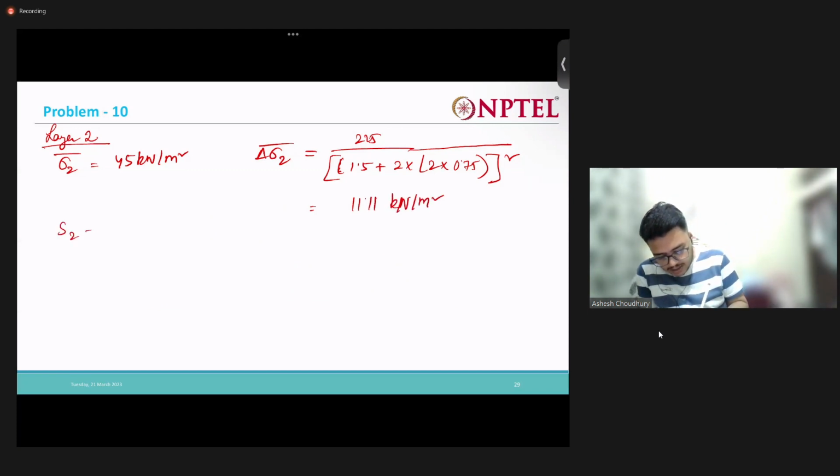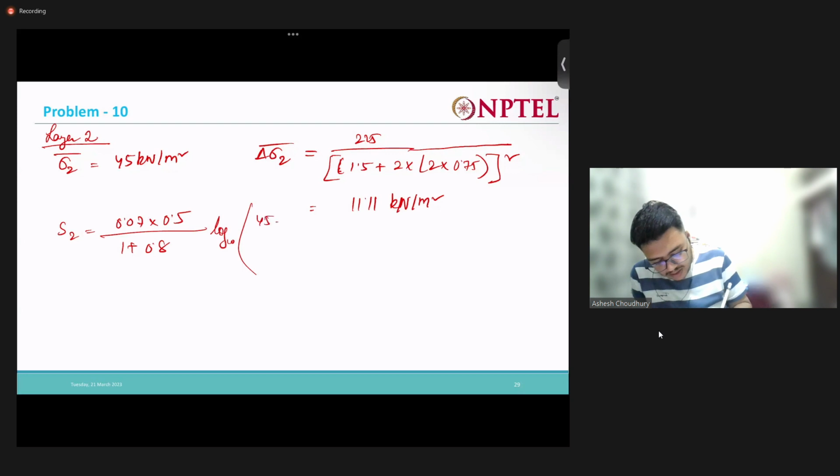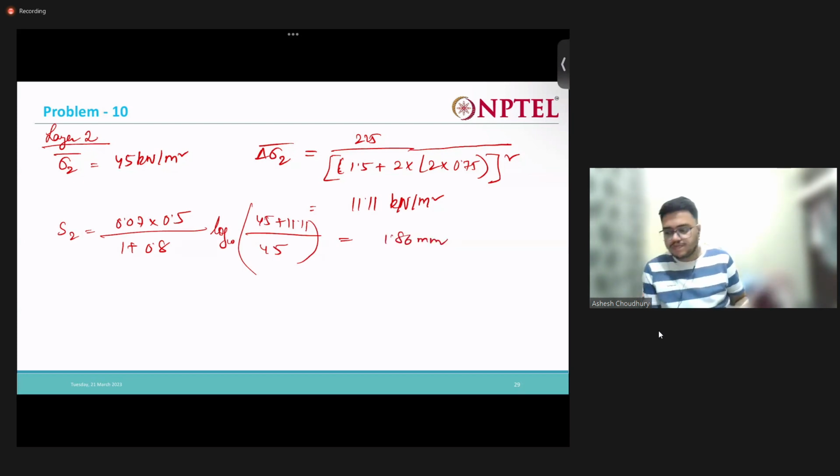So again, using the same formula, you can find out S2. 0.07 into 0.5, 1 plus 0.8, log10 of 45 plus 11.11 by 45. It will give you 1.86 mm.